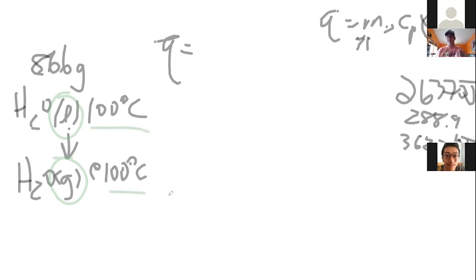So is this a heat capacity problem? Do we need to consider the heat capacity of liquid water or gaseous water, steam? Do we need to consider the heat capacity of either one? Sean says no. How come?